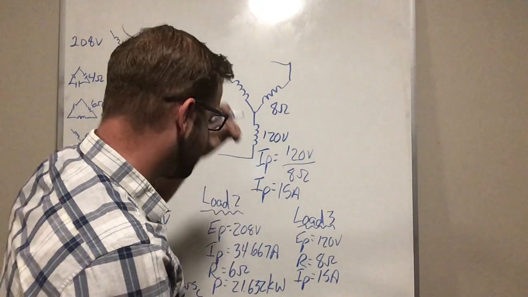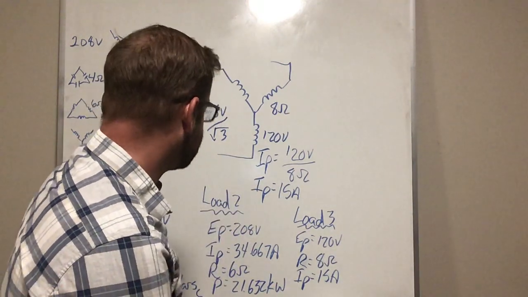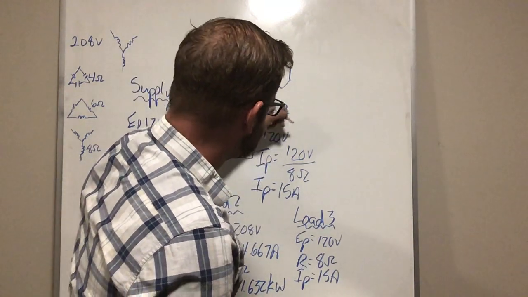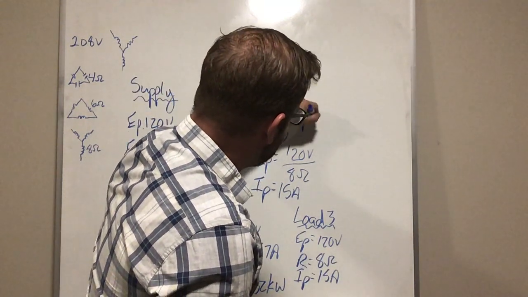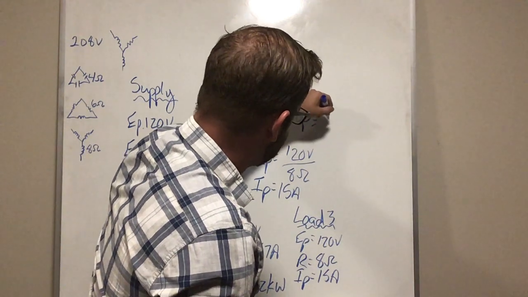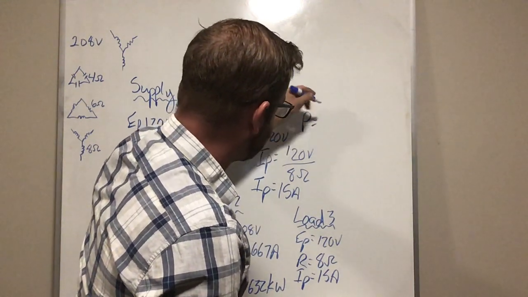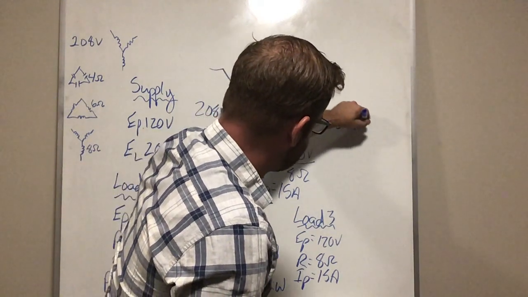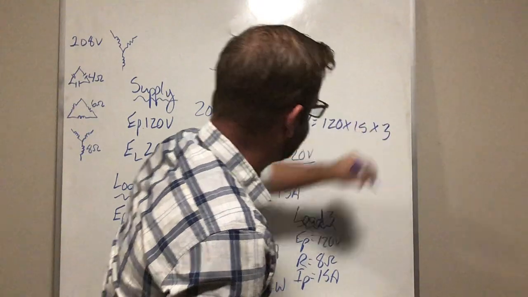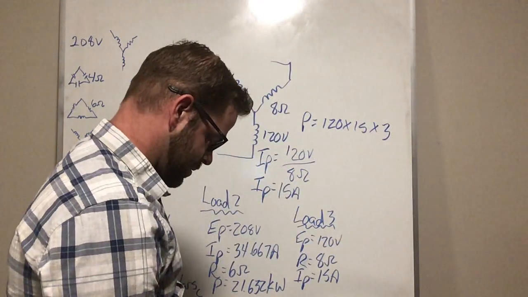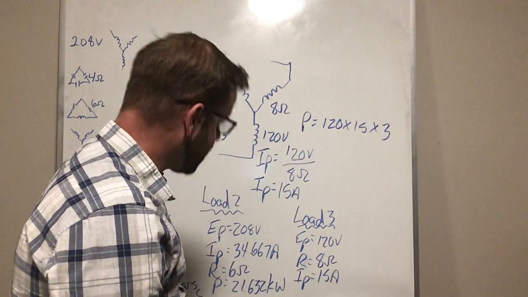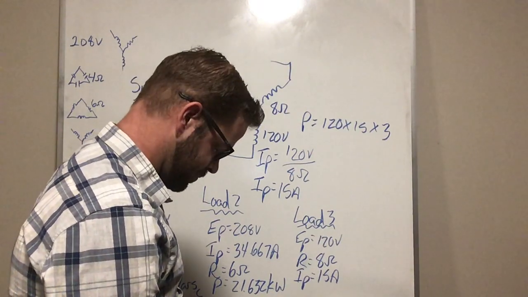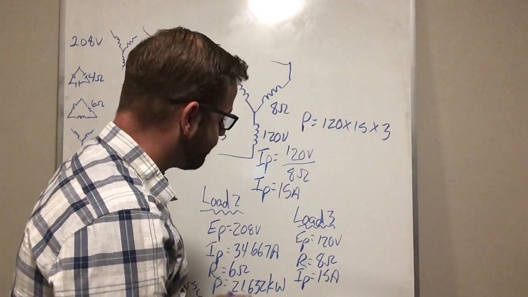And if we want to find our overall inductive power, our VARs, we know that we do our E phase times I phase times 3, so we get 120 times 15 times 3, and that gives us a power of 5.4.